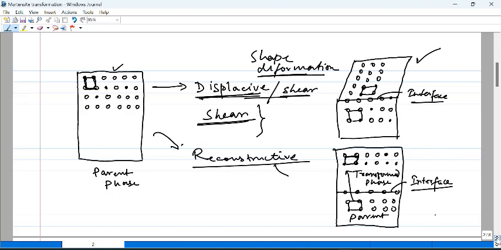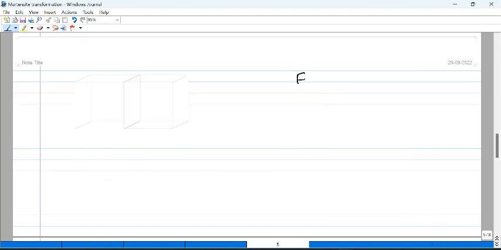Now as I said before, you also need to understand how this structure changes from FCC to body centered tetragonal, BCT. This is the austenite which is transforming, and this is the Martensite phase having a BCT structure which is forming because of this transformation.